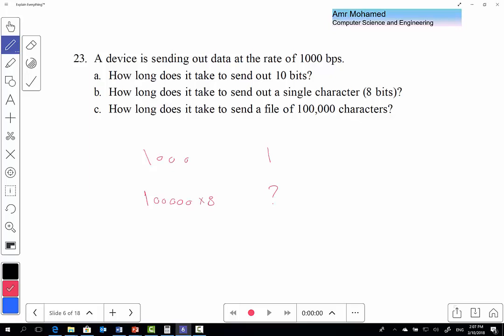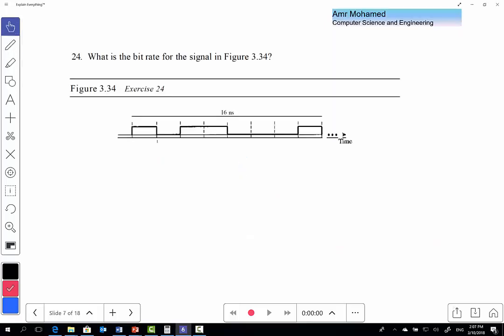So the time equals 100,000 times 8 divided by 1000. That's 800 seconds. So next exercise.